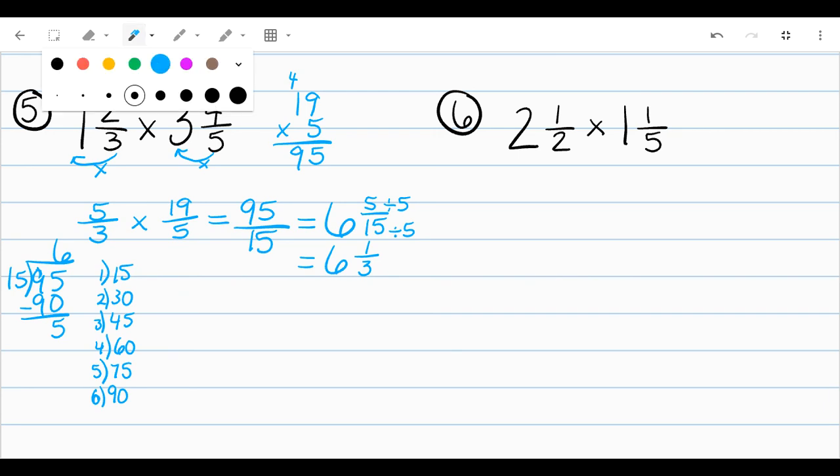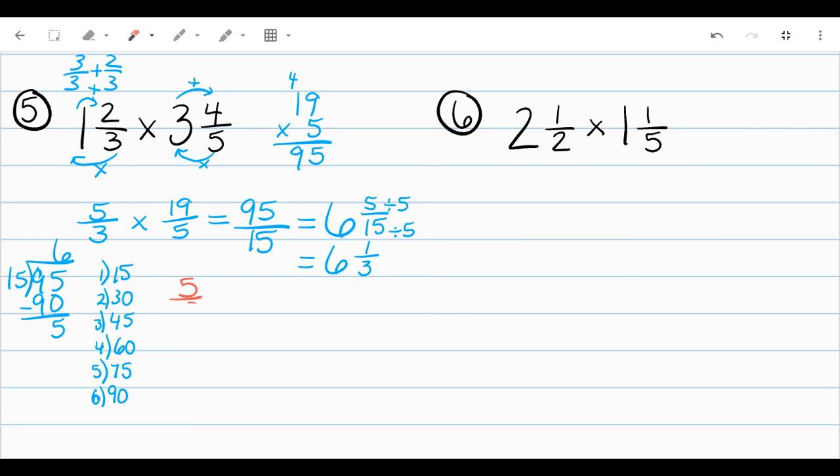One other thing I want to show you is if we would have gone back to our 5/3 times 19/5. If I see that there's a 5 here and here, I know that both my numerator and denominator have factors of 5.